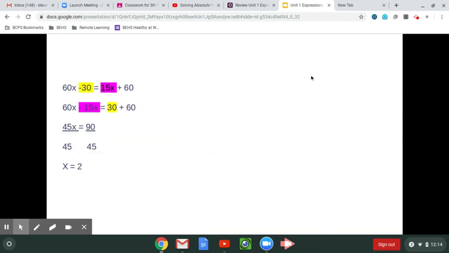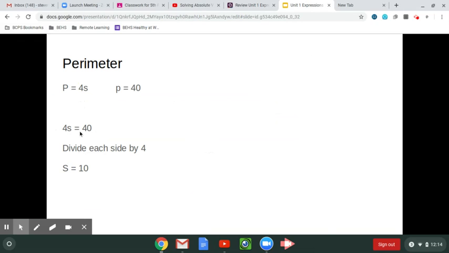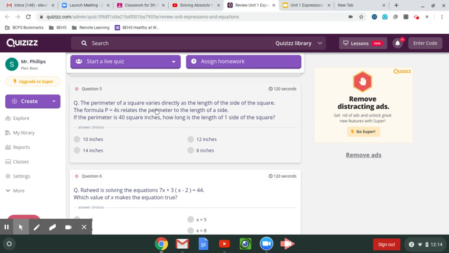Now, if we look at this equation, 40 equals 4s, you guys know by your visual that you would divide each side by 4. And when you divide each side by 4, 40 divided by 4 would give you 10. That means one side of the perimeter would be 10. So if I'm looking at my options, 10 inches, 14 inches, 12 inches, and 8 inches, I know 40 divided by 4 is 10 inches.